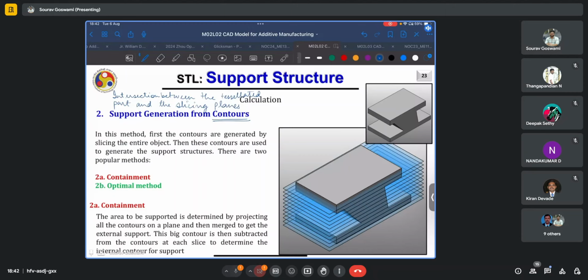Well, these need not always be planes, as we'll see in the upcoming material, but for now, I just say slicing planes. Whenever you have a part intersecting with the slicing plane, the boundary which comes out is called the contour.